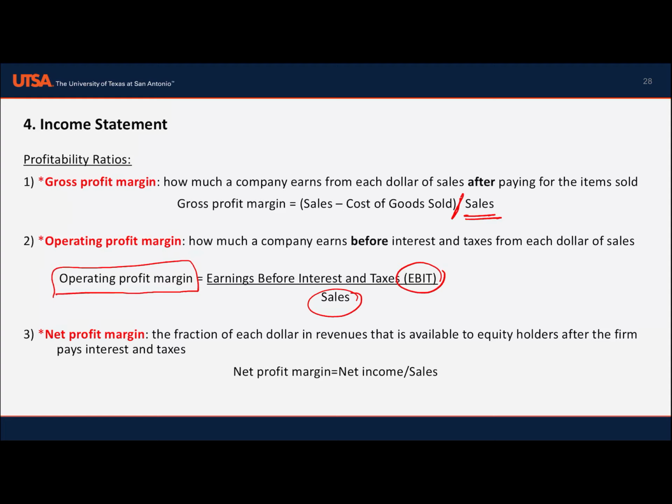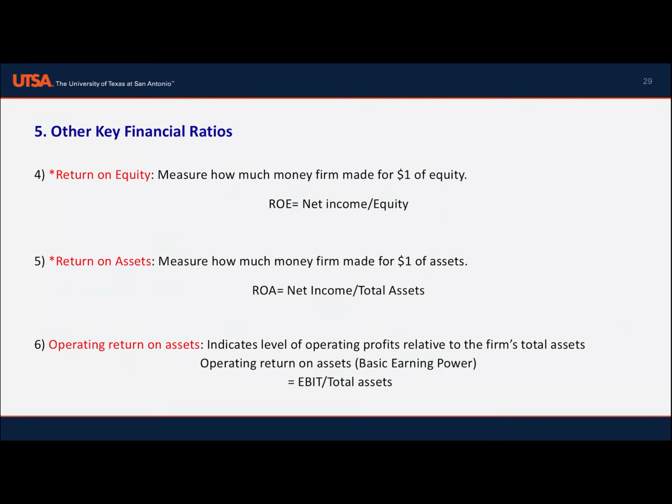And net profit margin is the fraction of each dollar in revenue that is available to equity holders after the firm pays interest and taxes. So net income over sales is net profit margin. Return on equity measures how much money the firm made for $1 of equity.